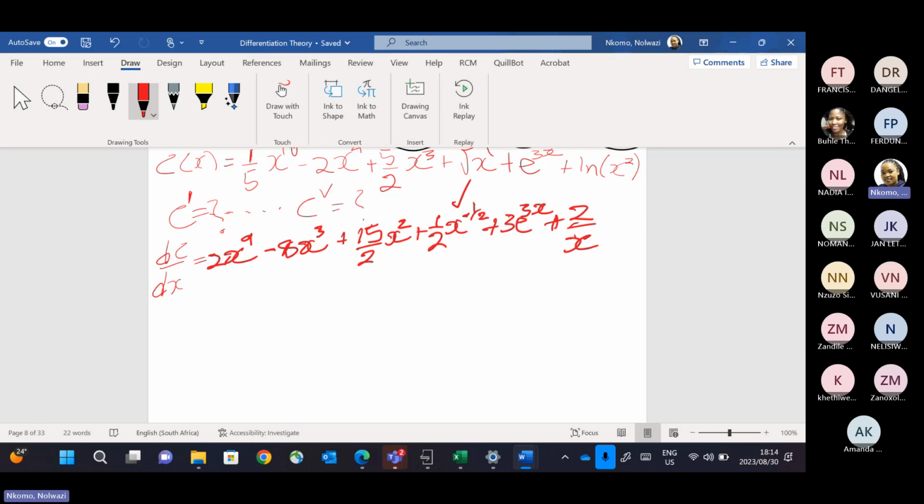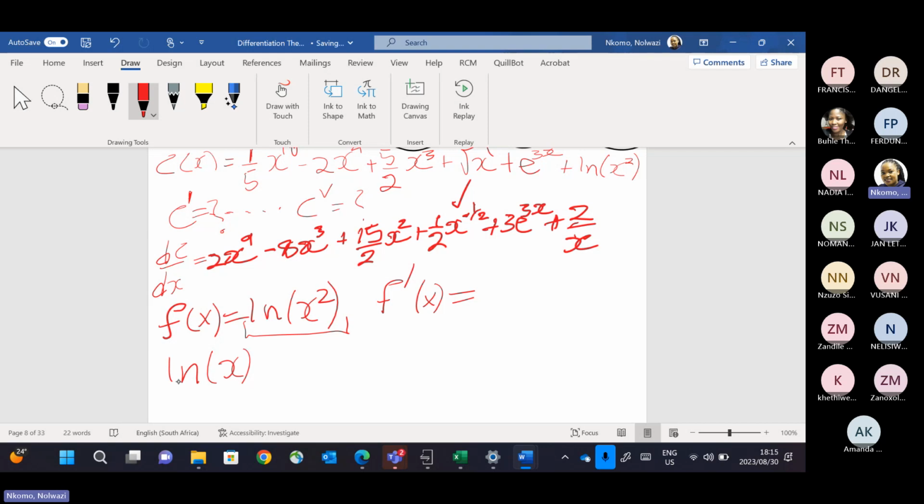I will name this f(x). Let ln x squared be f(x), and we want to find the derivative of f(x), right? The original function of this one is supposed to be ln x, right?